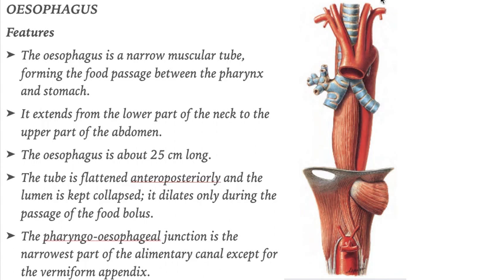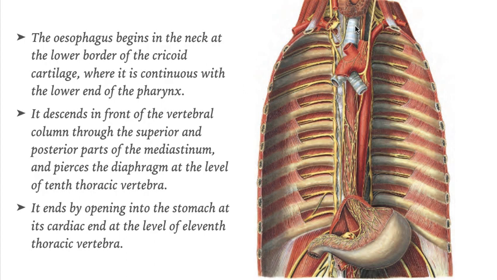The pharyngo-esophageal junction is the narrowest part of the alimentary canal except for the vermiform appendix. The esophagus begins in the neck at the lower border of the cricoid cartilage, where it is continuous with the lower end of the pharynx, descends in front of the vertebral column through the superior and the posterior part of the mediastinum, and then pierces the diaphragm at the level of the 10th thoracic vertebra.